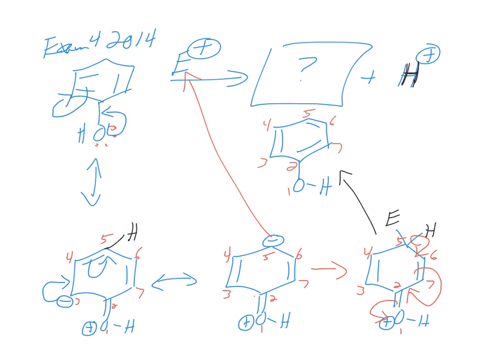Forgot my E, which is now on carbon 5. The pi bond between 6 and 7 moves between 2 and 7. The pi bond between 2 and the oxygen goes to the oxygen, which gets its lone pair back, and that's our final product. This is called an electrophilic aromatic substitution. You will learn this next semester.